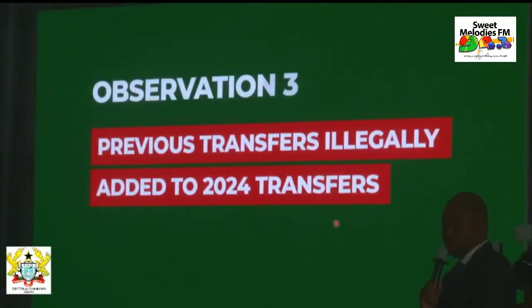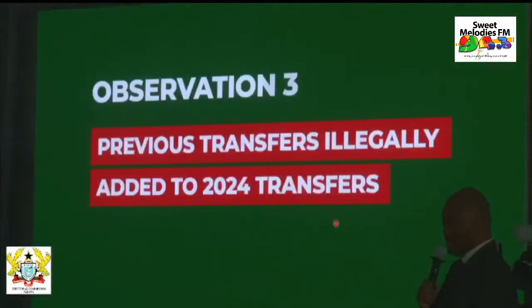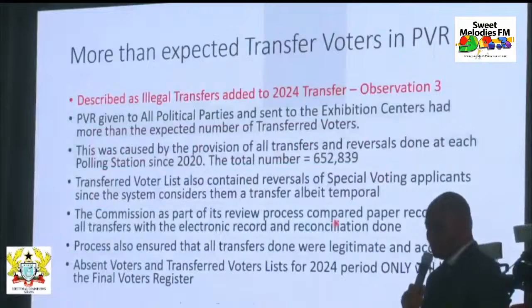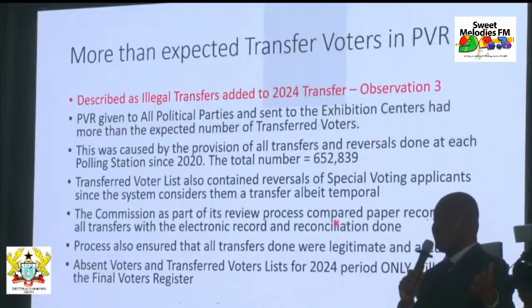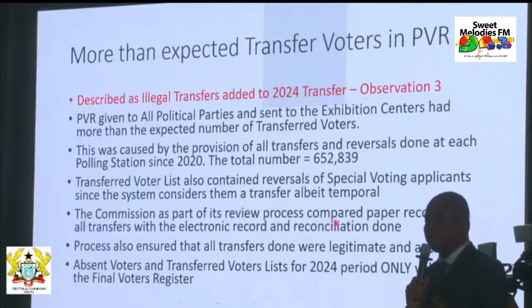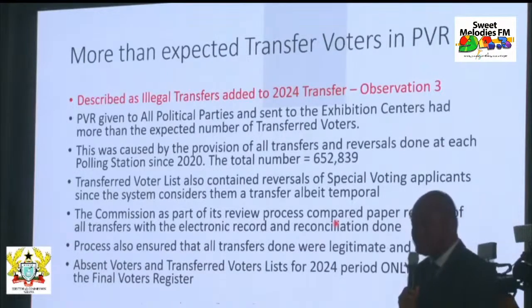Observation 3 says that previous transfers were illegally added to the 2024 transfers. I think the Commission has already admitted that the transfer voter register that was given contained much more than the numbers expected for the 2024 registration period.